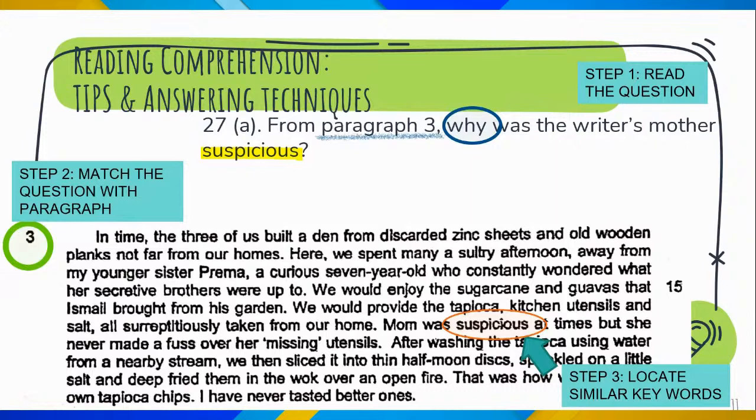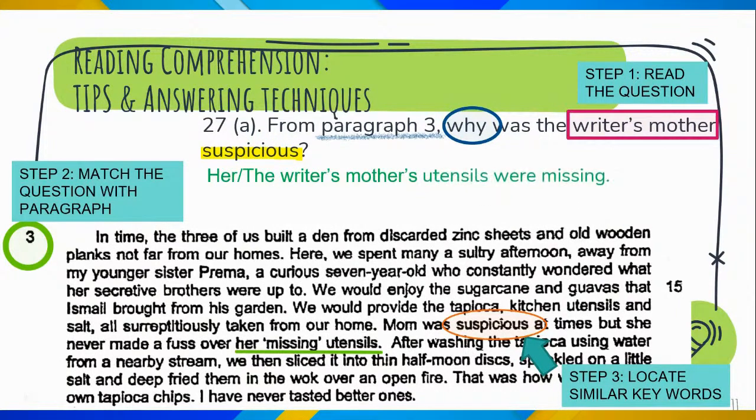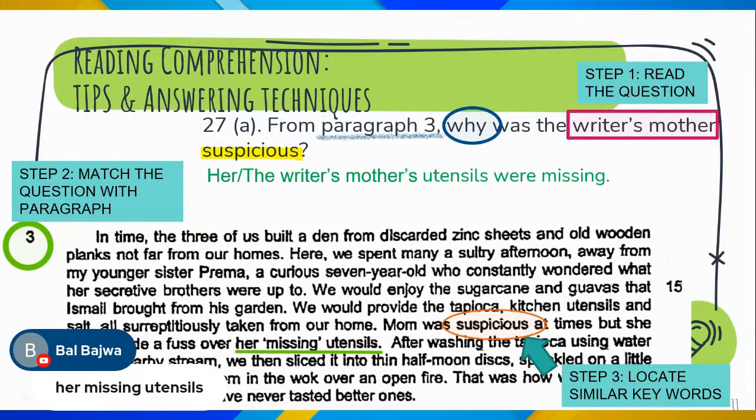Mom was suspicious at times because of her missing utensils. That is the answer. Utensils mean perkakas lah, perkakas dapur, like forks and spoons, etc. So your answer, you have to look back at the question, writer's mother. So you can write her or the writer's mother's utensils were missing. That is a correct answer.